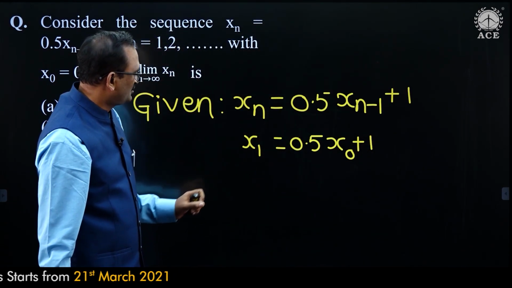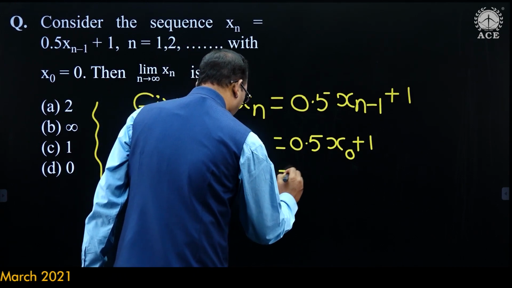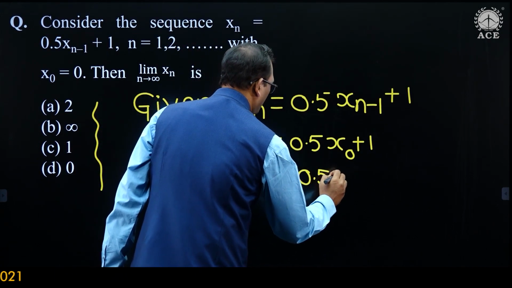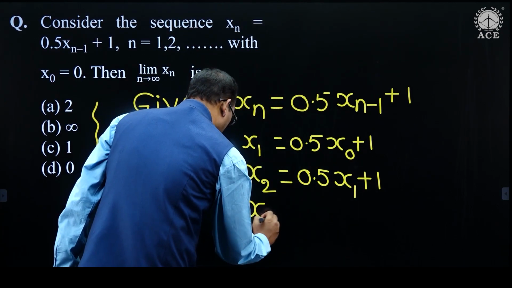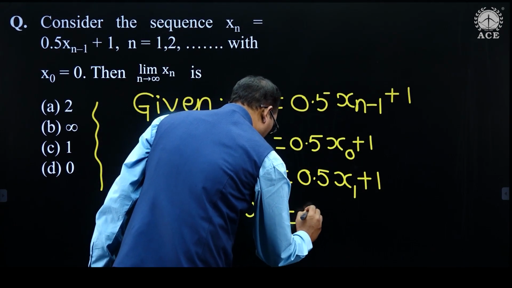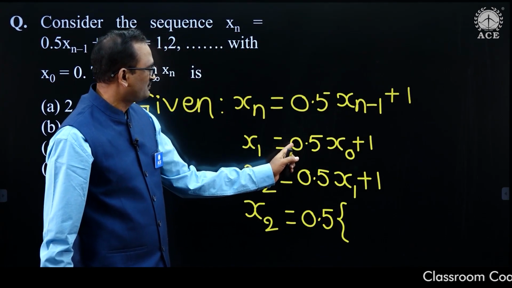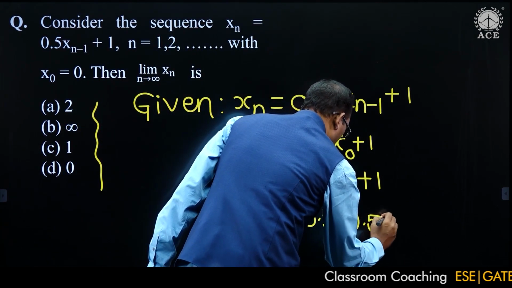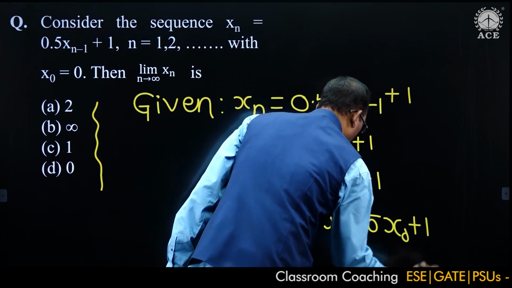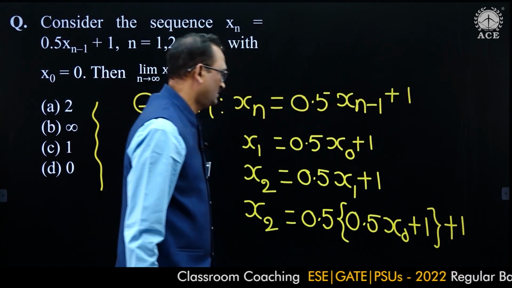Now, let us see x2. x2 is equal to 0.5 x1 plus 1. From this, x2 is equal to 0.5 into, here x1, what is the value of x1? 0.5 x0 plus 1, plus 1.